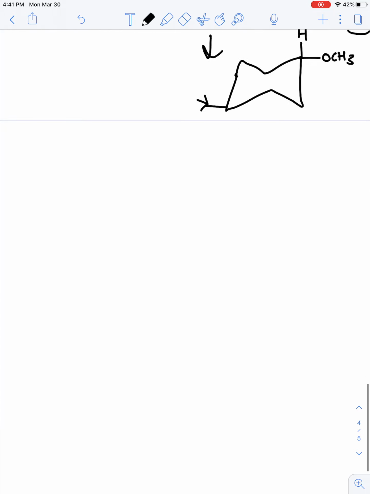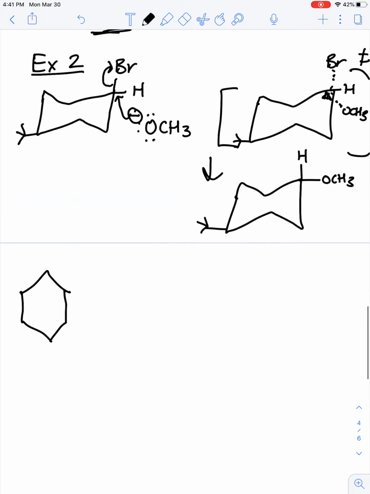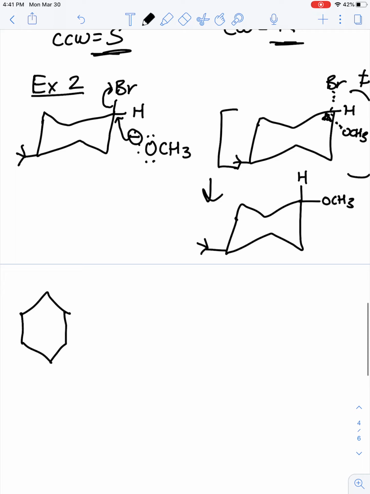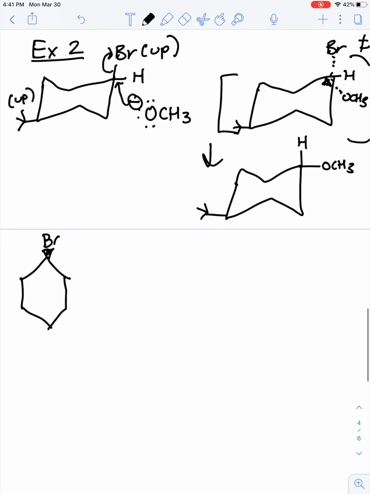If we look at this with a cyclohexane ring, first we have to decide: is it cis or trans? Looking at this tert-butyl, it is pointing up, and our bromine is pointing up. That means we have cis configuration. So we can draw the cis configuration in the 1,4 position.